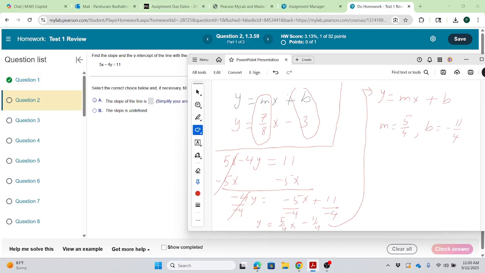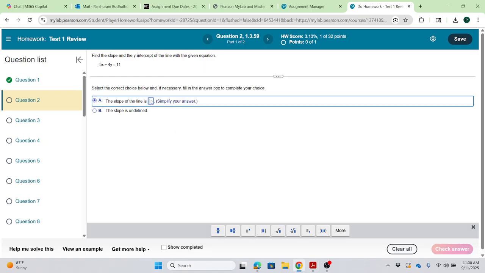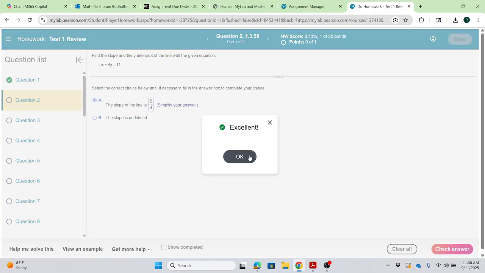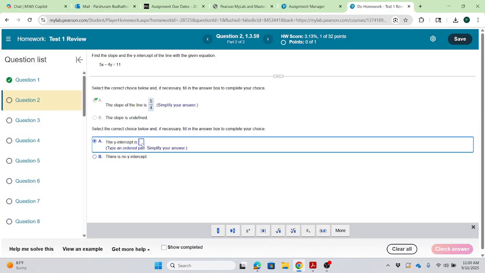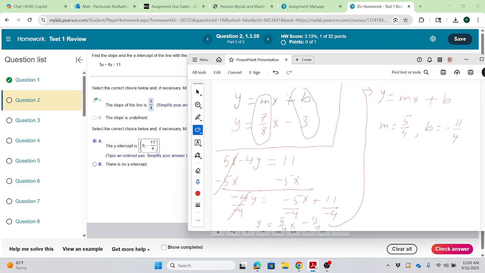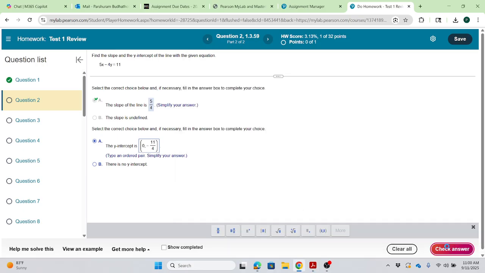So the slope of the line would be 5 over 4, simplified form. Luckily it's already simplified. And then the y-intercept in ordered pair is 0 comma -11 over 4. Let me double check the answer. Yeah, so that's the answer.